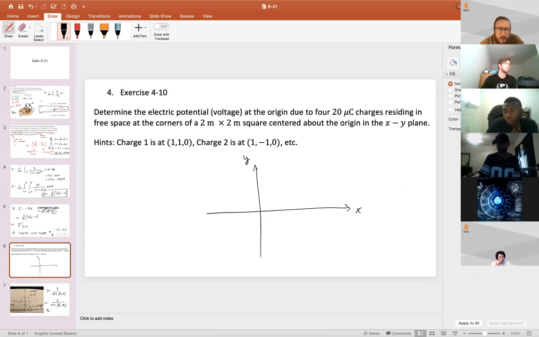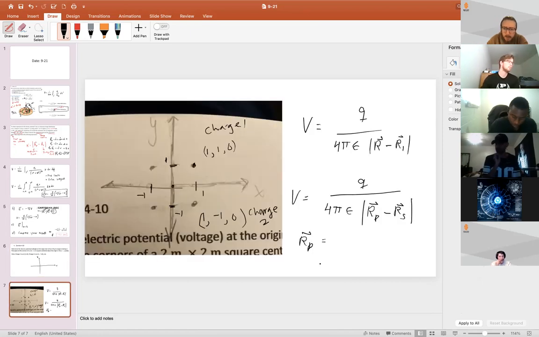It's the origin. So what is the vector from the origin to our observation point? It's just zeros. Point P is 0, 0. So it's 0 plus 0 plus 0.